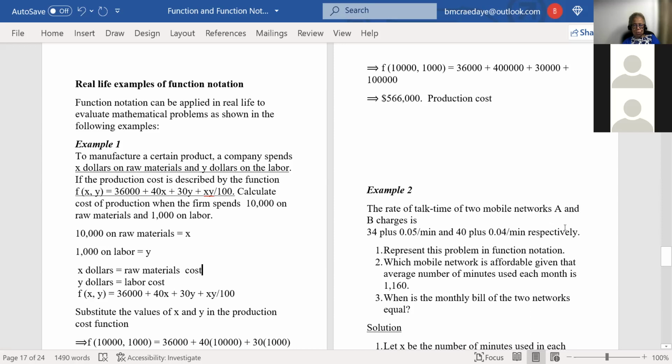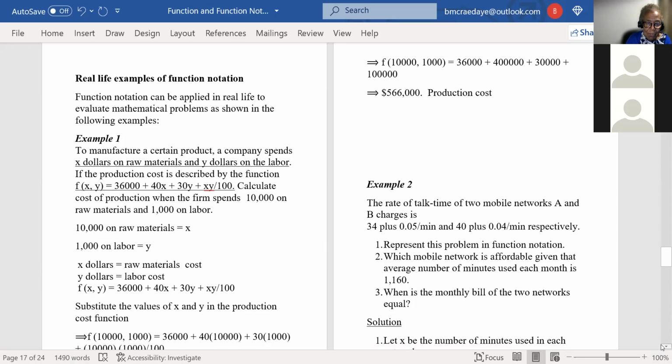So you're going to represent first the problem in function notation. Now you've got two functions here, one for network A and one for network B. So Latoya, how would we represent network A? 34 what?